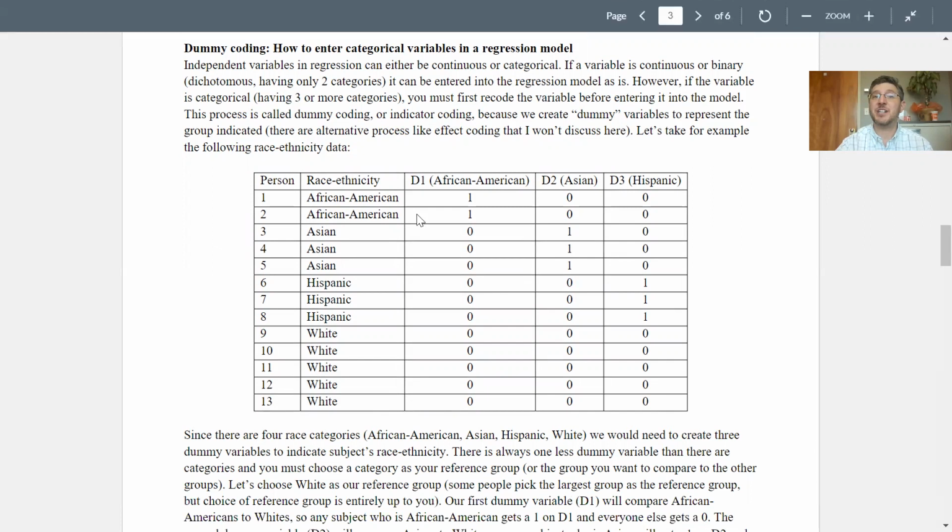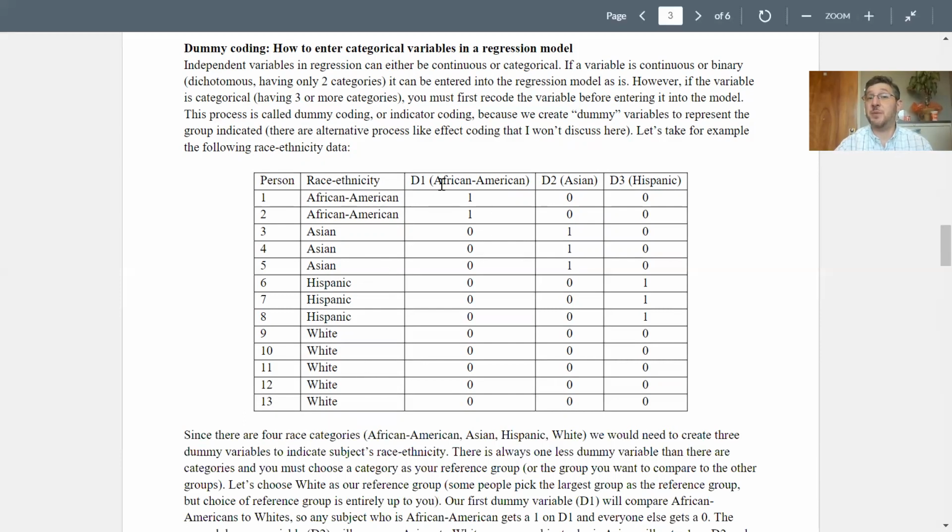In this case, we wanted to enter an individual's race or ethnicity into the model, and we have 1, 2, 3, 4 race ethnicity categories. You always enter one less than the number of levels of the variable. So we have 4, we enter 3.